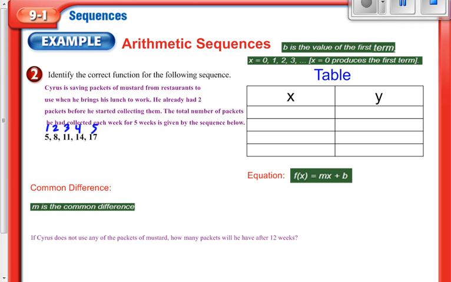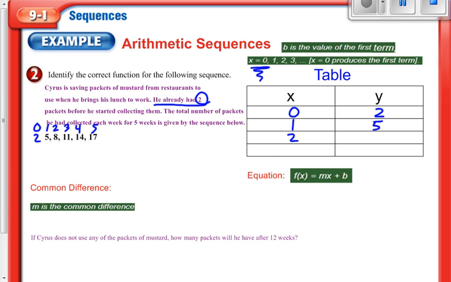Well, notice we're not starting x equals 0 here. But we can find it in the literature above. It said that he already had 2 before he began. So at week 0, he already had 2 ketchup packets. So filling in my table, at week 0, 2 ketchup packets. At week 1, 5 ketchup packets.